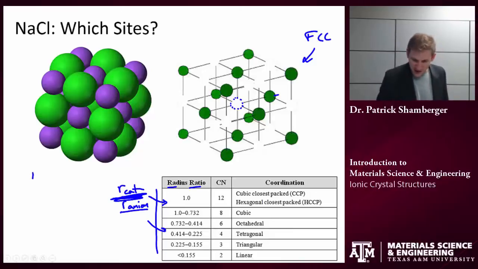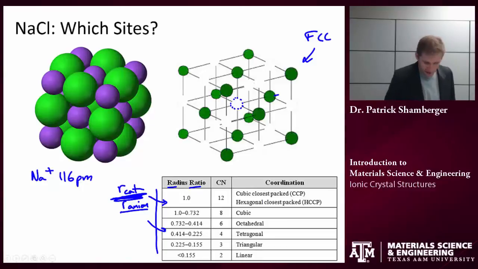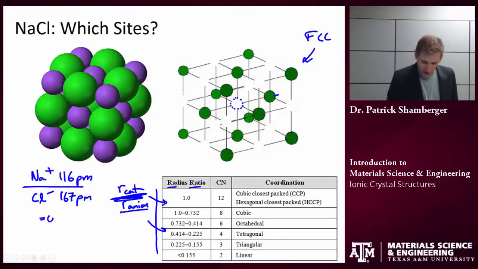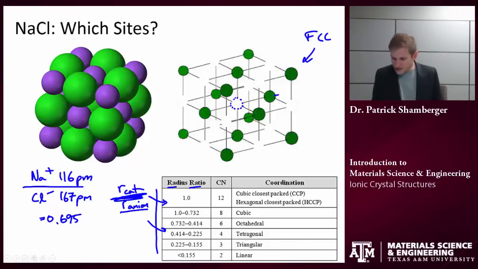So for this case, sodium plus is 116 picometers, that's the radius, and chlorine anion is 167 picometers. So if I look at that ratio, the cation over the anion, I get a value of 0.695. And we can see that that falls within the range that's acceptable for an octahedral hole.